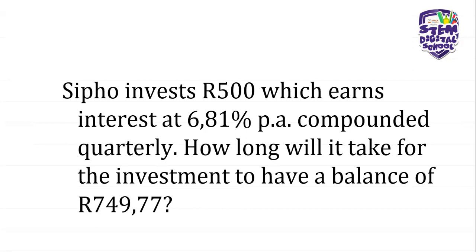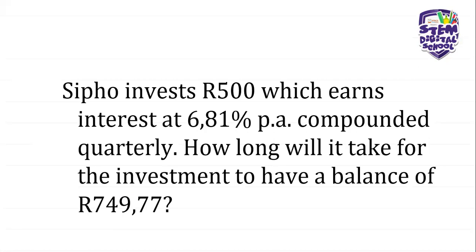So P in this case will be 500 rands. So Sipho invests 500 rands in the beginning.